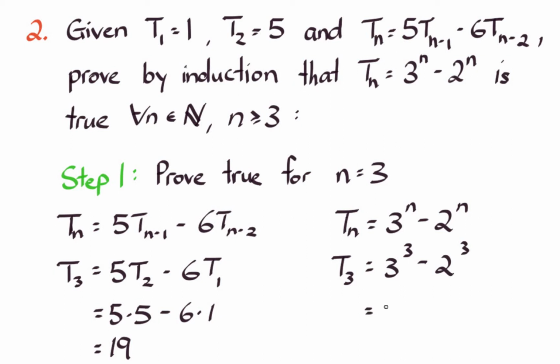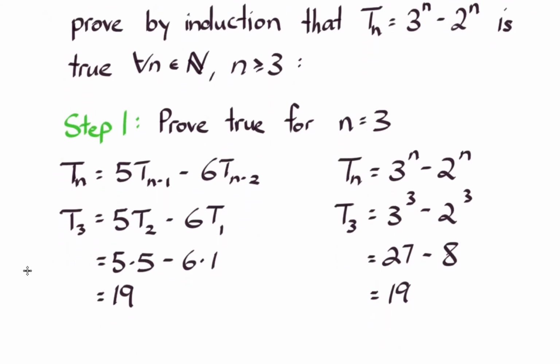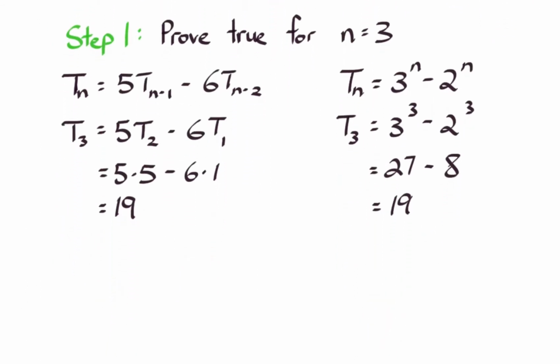Well, 3 cubed, that's 27. 2 cubed is 8. And so when we do 27 minus 8, we also get 19. So let's give ourselves a bit more room. We can therefore say that this is true for n equals 3.